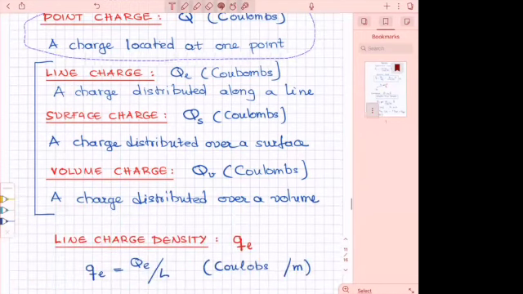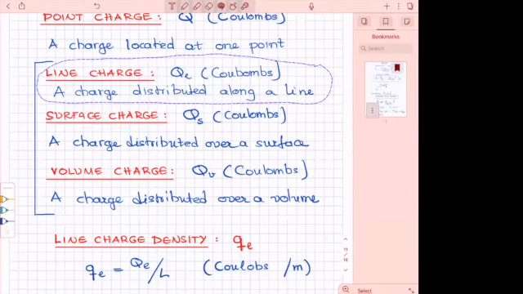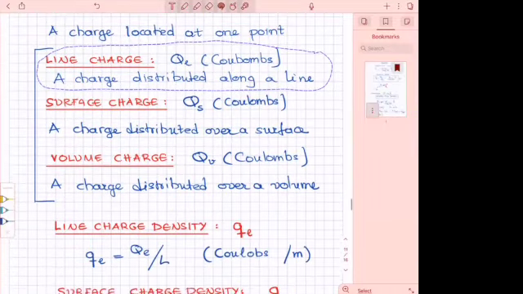However, in real life, charges do not locate at one point, but they distribute. If a charge distributes along one line, we call it a line charge, and it is a good approximation for specific applications. Then we introduce the line charge density. All of these are densities.